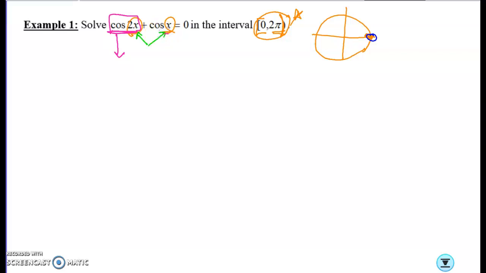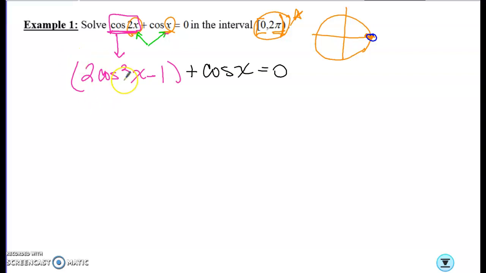Therefore, I don't want to use the first one, cosine squared minus sine squared, because you would be putting a sine squared into the problem. I don't want to use the last one because it would also be putting a sine squared into the problem. So I'm going to use the second one that is all in terms of cosine. So 2 cosine squared of x minus 1 is what I am substituting in here. Then we have the rest of the problem plus the cosine of x, and that equals 0.